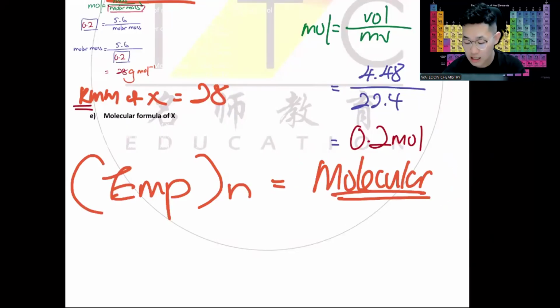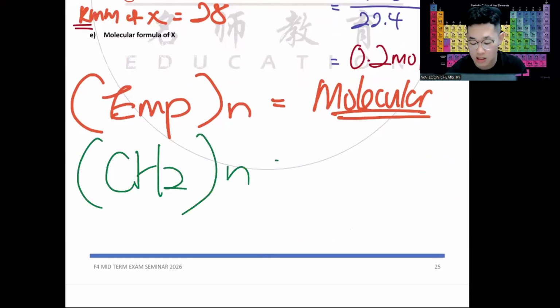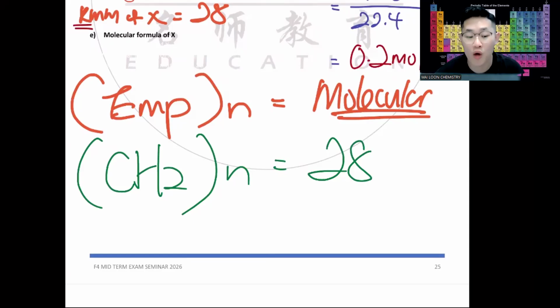Okay, so let's sub all the information into this formula. We found that the empirical formula is CH2. Need to times a number. We don't know what's the number. And get back the molecular formula with the mass of 28. Sub all the info in.